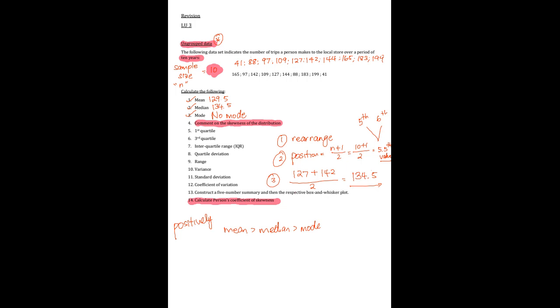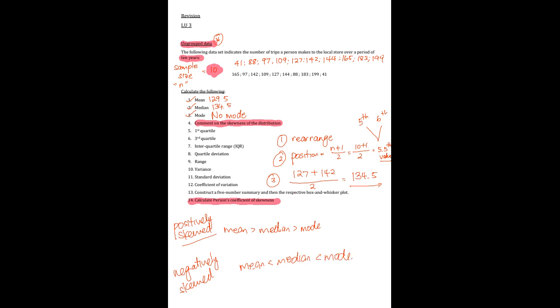If it is the opposite, where the mean is actually the smallest value, so the mean is less than the median, which is less than the mode, then that's a negatively skewed data set.